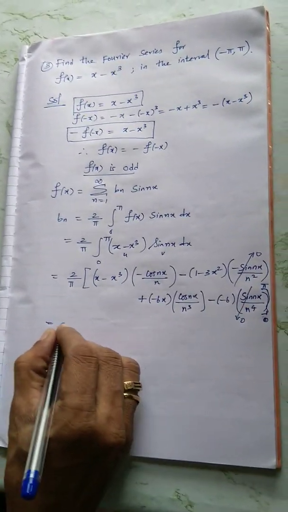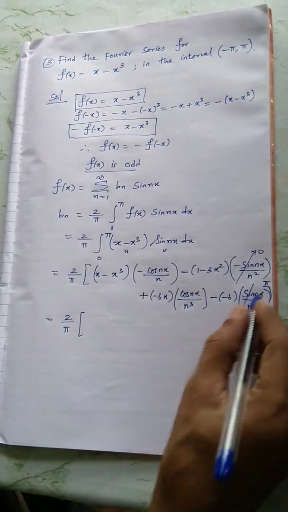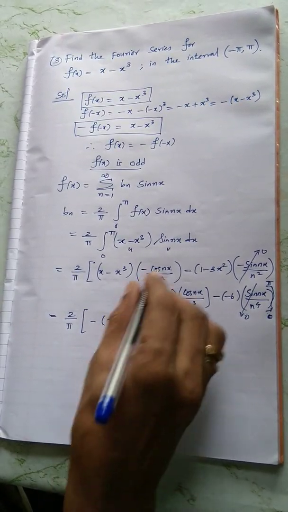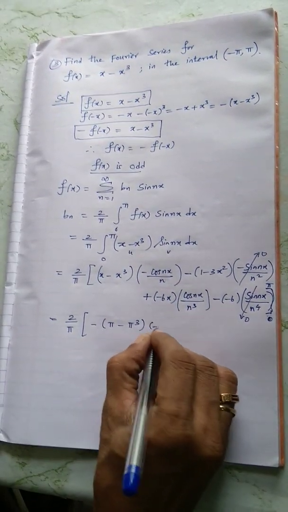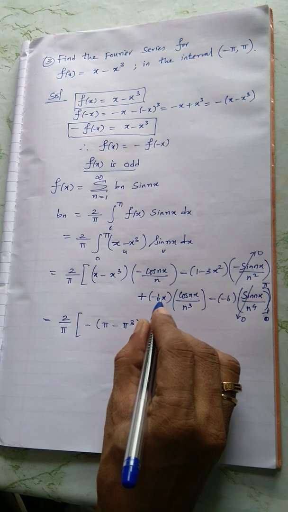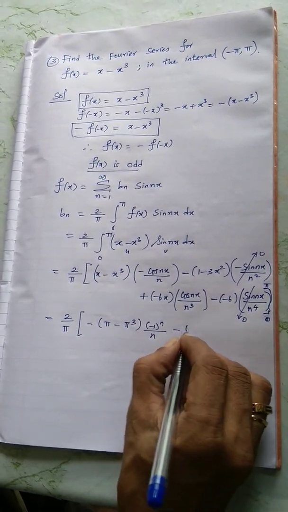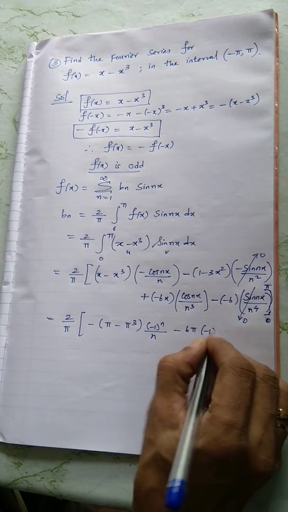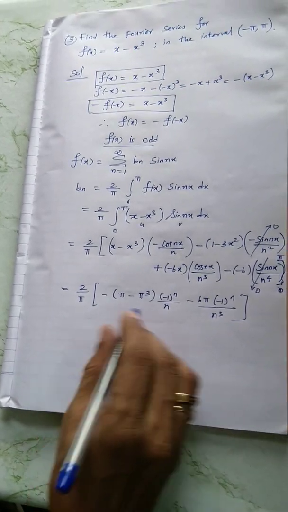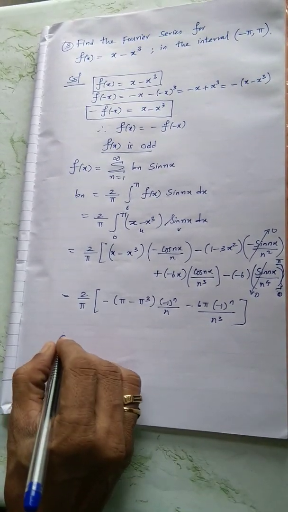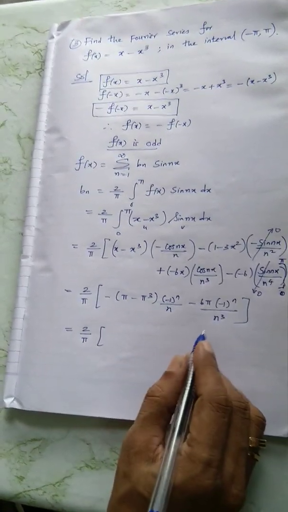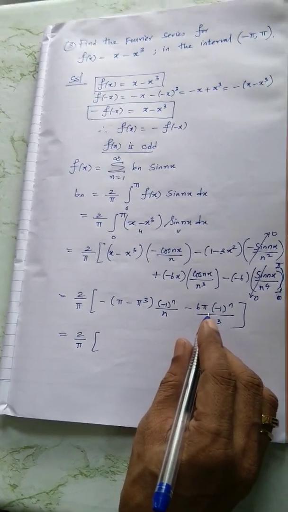So let us take the upper limit pi first: minus of pi minus pi cube cos n pi. Cos n pi is minus 1 power n, divided by n. Lower limit is completely 0. Now here minus 6x, so minus 6 pi cos n pi, minus 1 power n by n cube. The lower limit is also 0. So if possible you can simplify, otherwise this is the entire thing. You can take LCM, or otherwise take pi common.